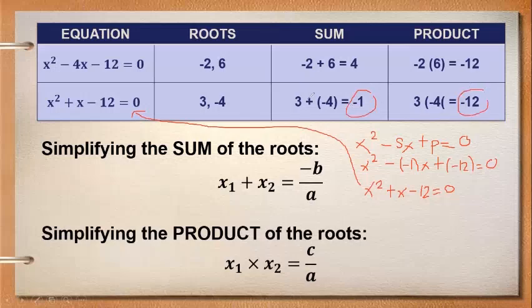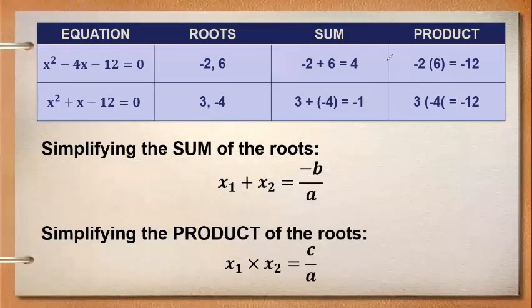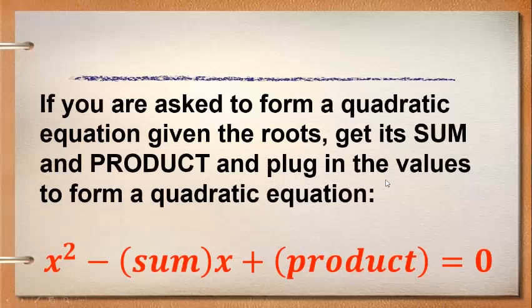Of course, the sum and product is from the given roots. So that is how we solve for the quadratic equation if the roots are given. Again, remember that you just need to get its sum and product first and then plug in the value of that sum and product. Are there any questions? Let's solve another example.